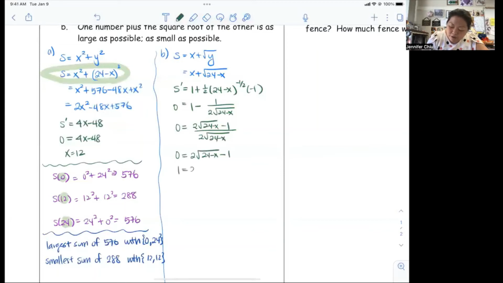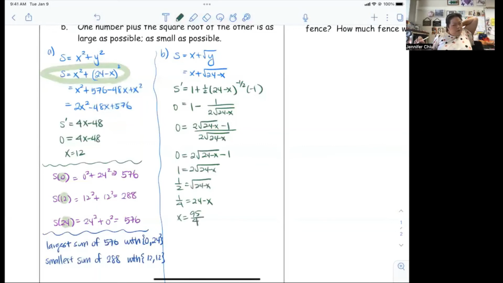Add the 1 over, divide by 2, square both sides, and subtract. Sorry, 24 times 4, my math is terrible. Let me see. 24 times 4 is 96.